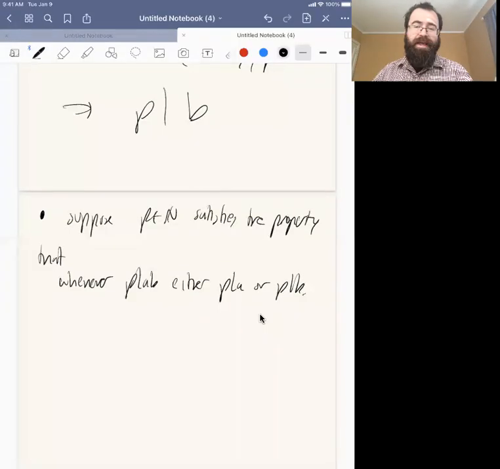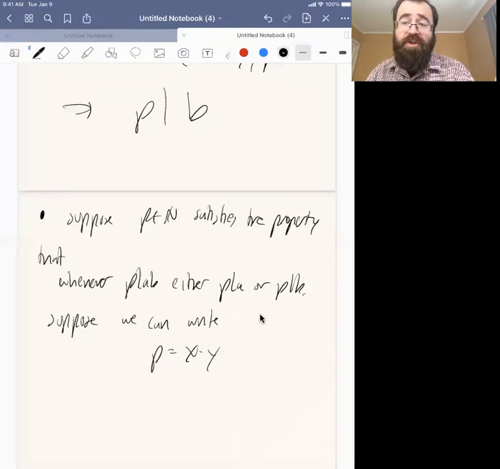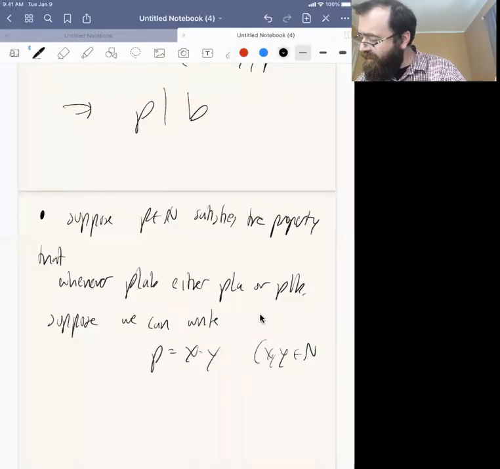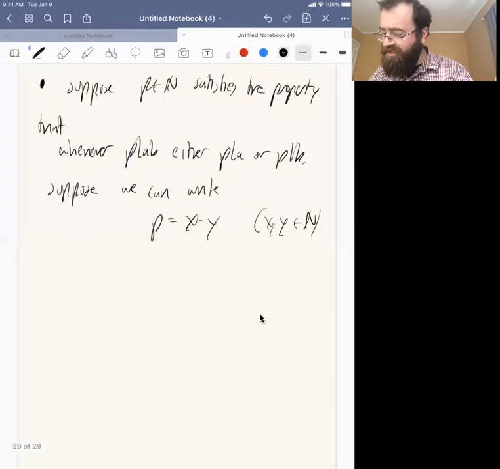So how do you show something is prime? You try to check whether something else divides into it. So suppose P satisfies this property. Can we write, I guess we'll go by contradiction technically, suppose we can write P equals X times Y. So suppose that you can factor P into two other factors, X and Y, in N. Suppose I can find some natural numbers that factor P. Well, if P equals XY, then P divides XY.